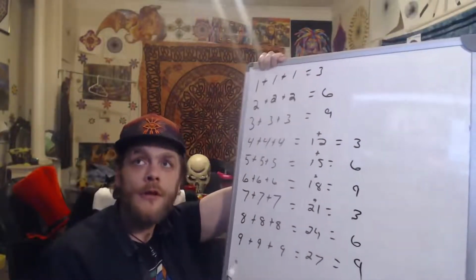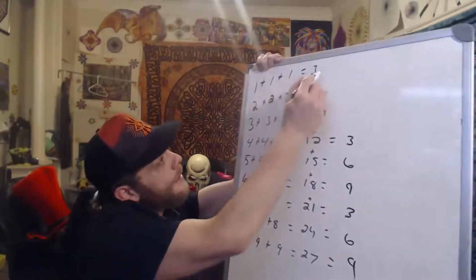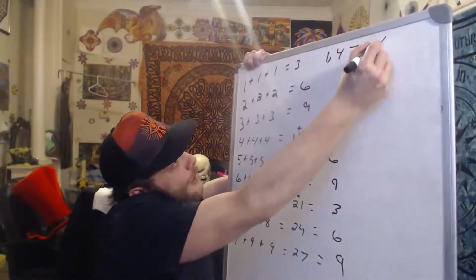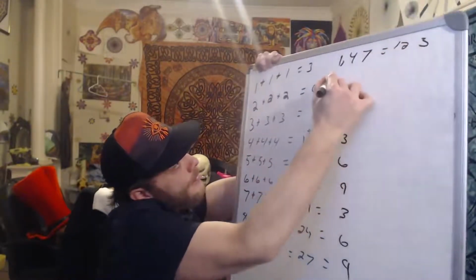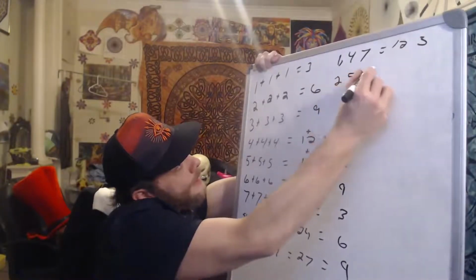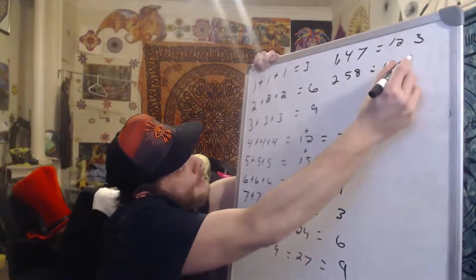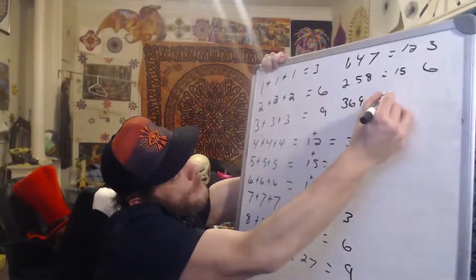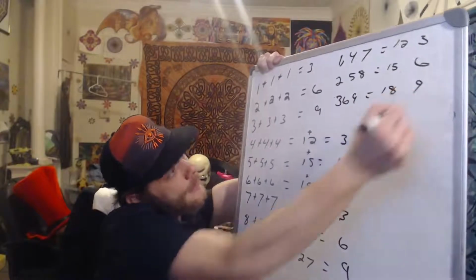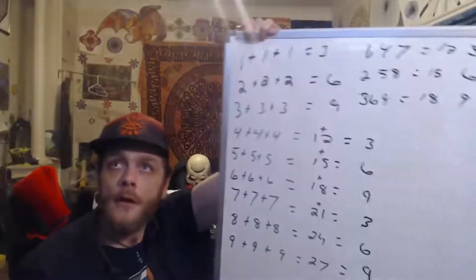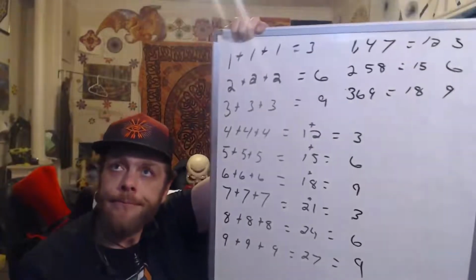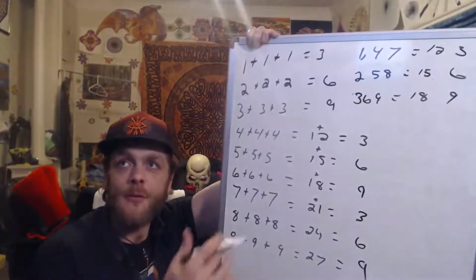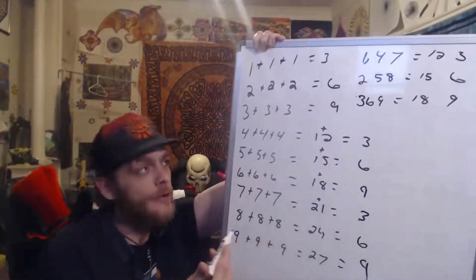So grouping appears. 1, 4, and 7 sum to 12, that is 3. 2, 5, and 8 equals 15, and that is 6. And 3, 6, 9 equals 18, and that equals 9. So you get these groupings appearing. You can split the numbers and the groups always appear.